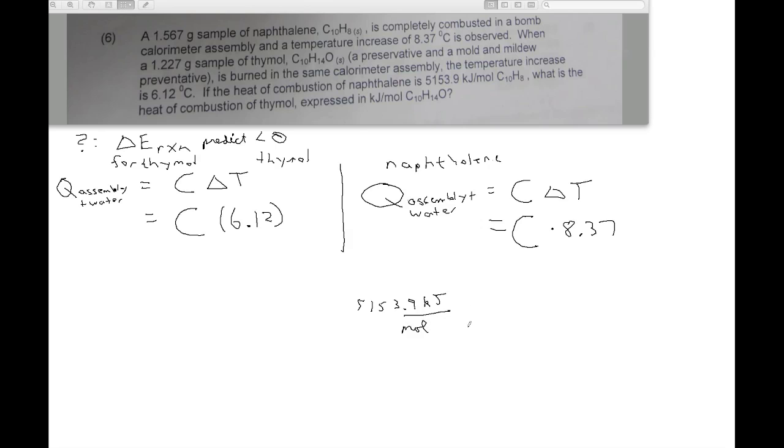1.567 grams of naphthalene, and that's 128, so divide that by 128 grams per 1 mole. That is equal to 0.012 moles. Okay, let me keep up with you here.